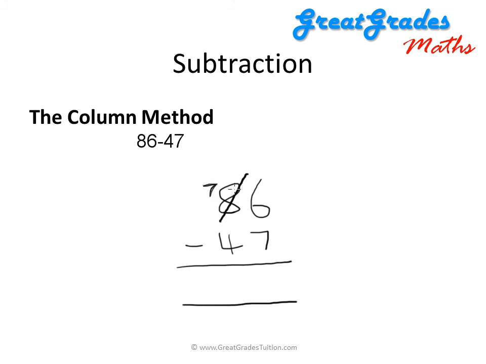So the 8 becomes a 7 by borrowing a 10, and that gives us 10 units, which we add on to the 6, giving us 16. Now we can do 16 minus 7, which gives us 9. Now we take the 7 and the 4, so 7 take away 4 gives us 3, making 39. So our final answer is 39.